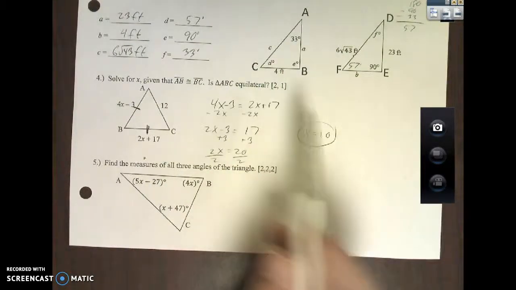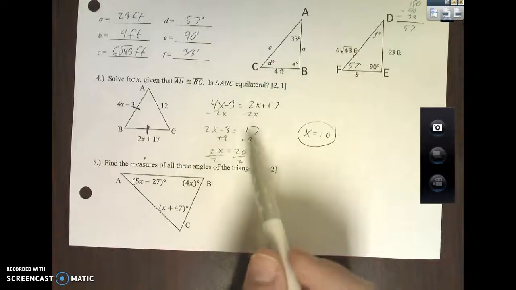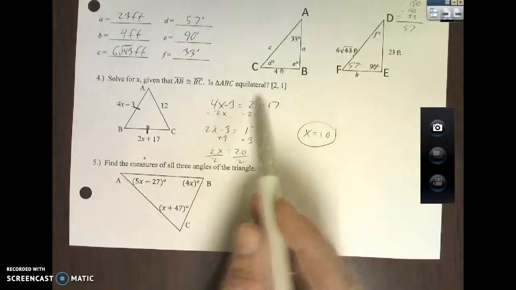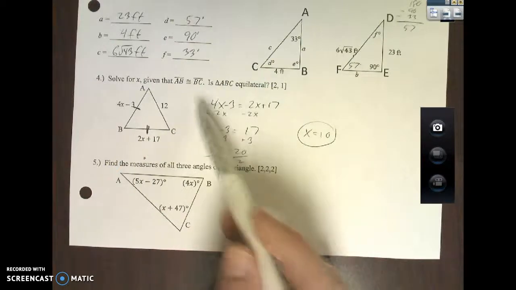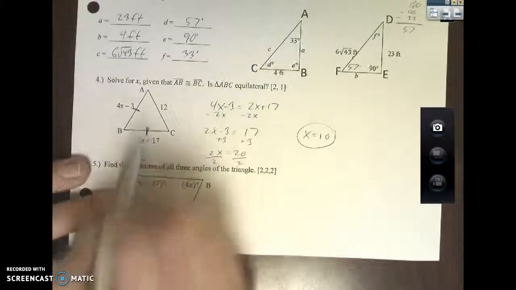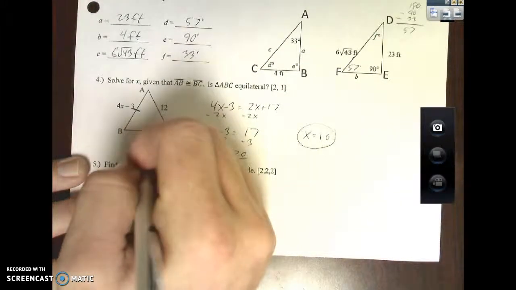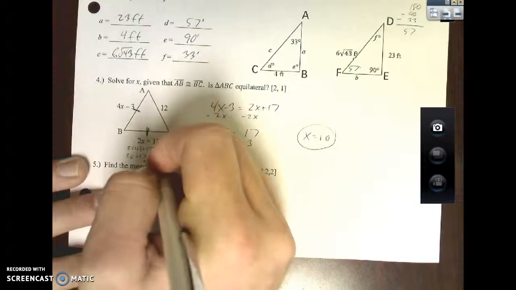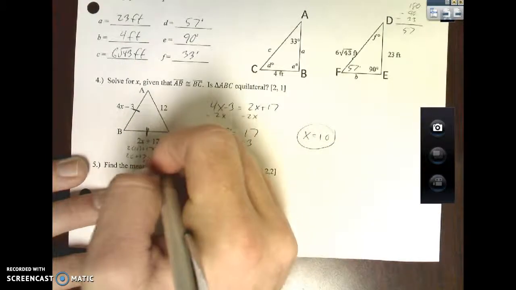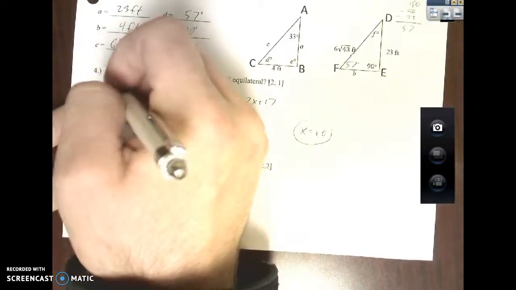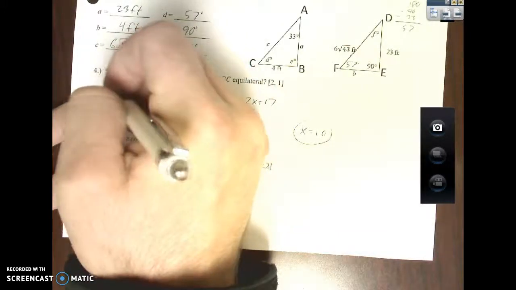Great. You know, the 2-point part, whatever you want to call it. Then it asks, is this triangle equilateral? Well, what do you guys know about equilateral triangles? All three sides got to be the same. So I found x is 10. Let's plug it back in. If I plug 10 in down here, I get 2 times 10 plus 17. 20 plus 17, which is 37. And then over here, 4 times 10 minus 3 is 37.